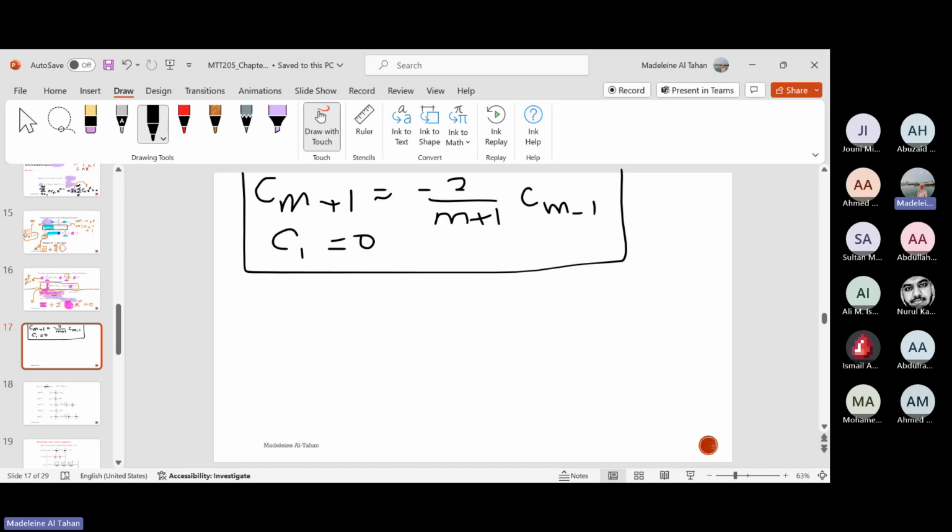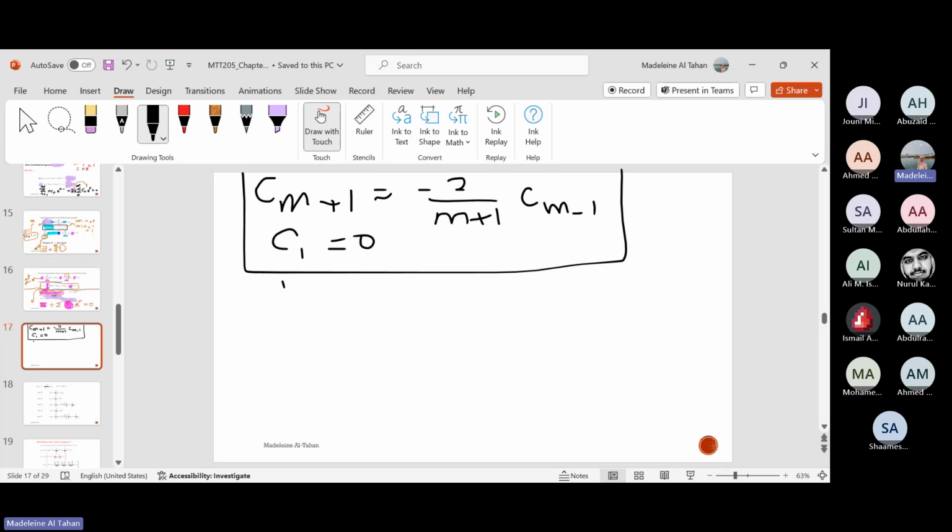We will solve now this recurrence relation. These two ones are considered now as the recurrence relation. We need to take values for m's. Already we have c1, so if I substitute m equals 0, it doesn't make sense because c1 is already given. So we will make this table, miss. We will take values for m.